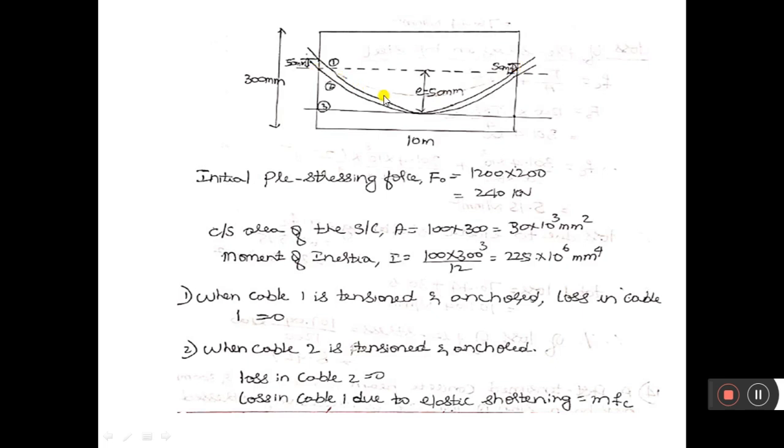Similarly, when I consider cable 2, it also has two eccentricities: one with respect to the midpoint, that is 50 mm, and with respect to the support the eccentricity is 0. So we are considering two cables, and for the two cables we are getting two different eccentricities. We shall calculate the compressive stresses developed in the concrete due to the eccentricity at the support and due to the eccentricity at the midspan.